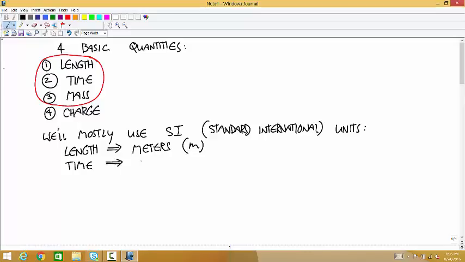Quantities of time are going to be seconds, so that's lowercase s. And masses are going to be measured in kilograms, and that's kg.